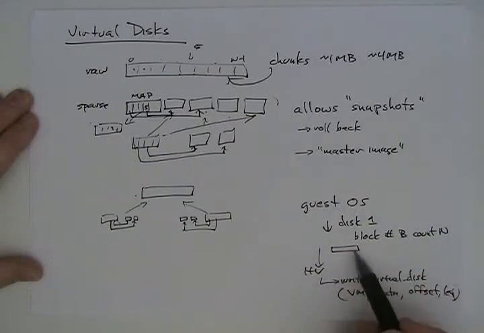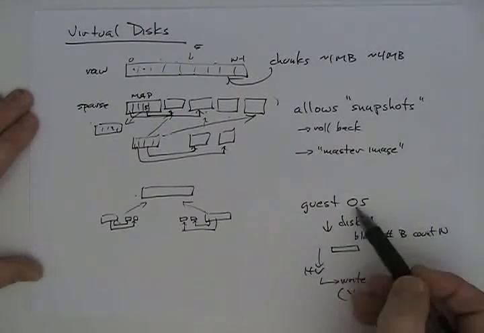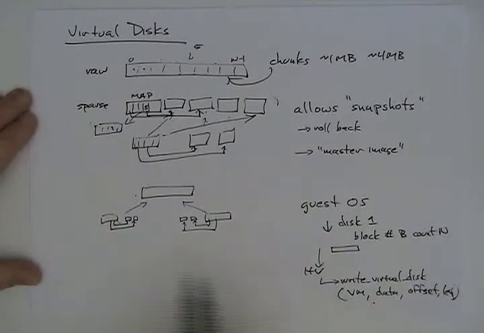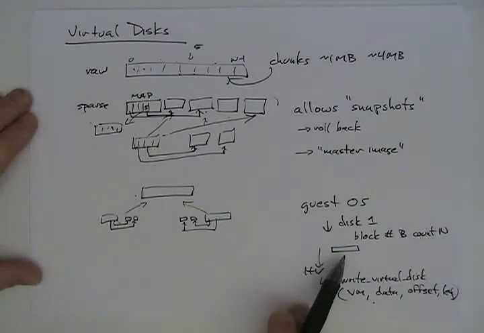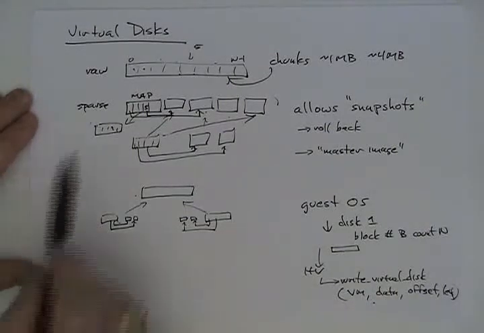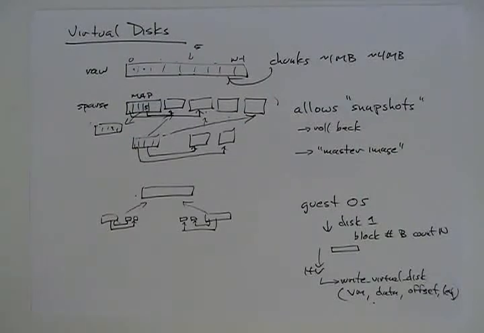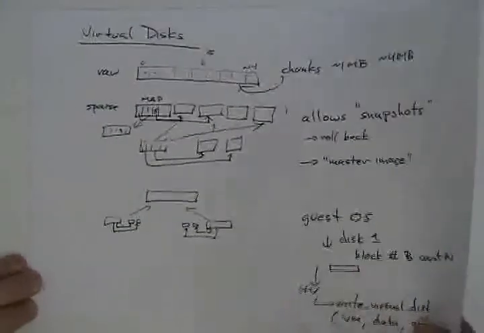You save data, you can read it back. You don't roll back snapshots while the guest OS is running. Instead, you shut down the virtual machine, you roll this back, and you boot it up again. Okay, so that's virtual disks.